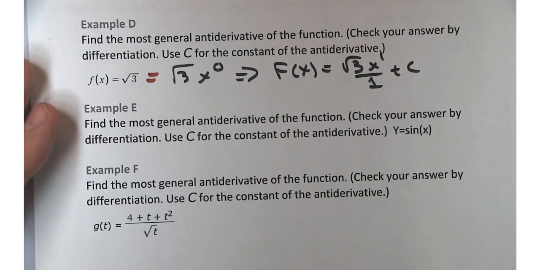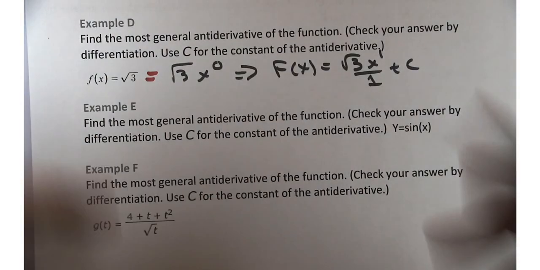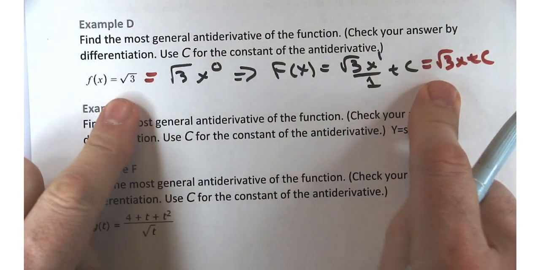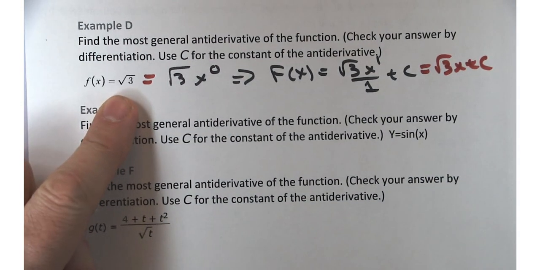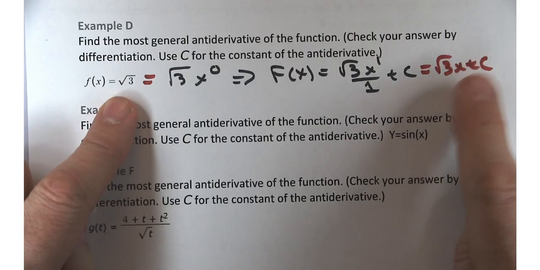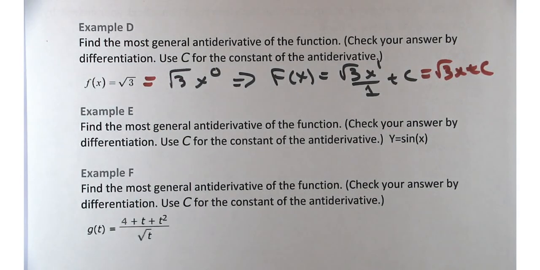Or basically just the square root of 3 times x plus c. But the point of this one is that all you really had was just a constant. And when you differentiate this function, the constant's going to go away. Derivative of x is 1, so you're just left with square root of 3. So it wasn't meant to be really hard.